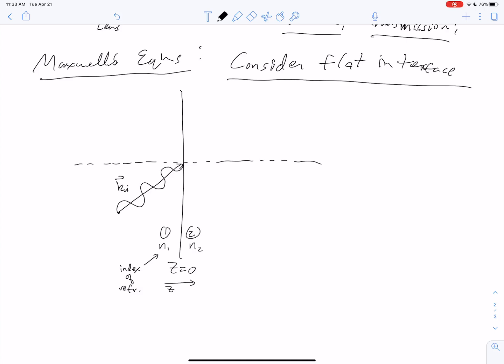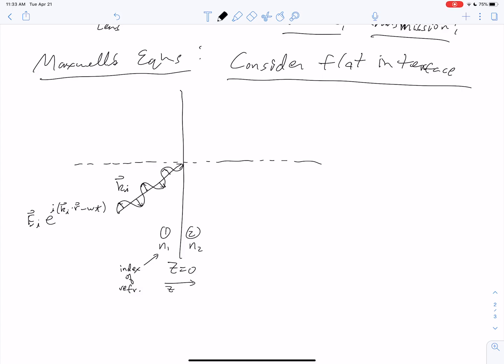And here the wave is up, down, and that's the electric field. The electric field can be written like this: some constant polarization, E sub i, e to the i (k_i dot r minus omega t). So that's the incident electromagnetic wave.